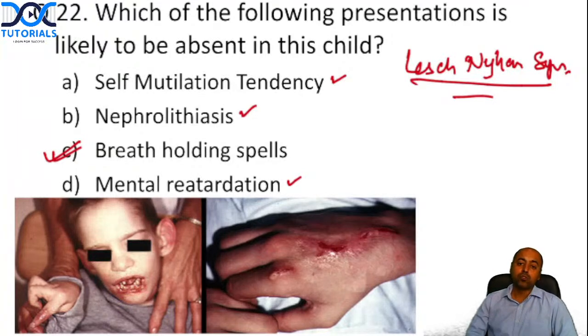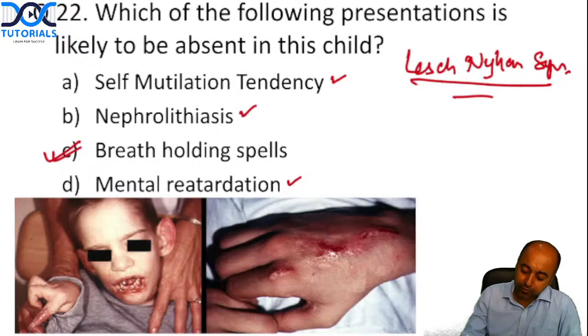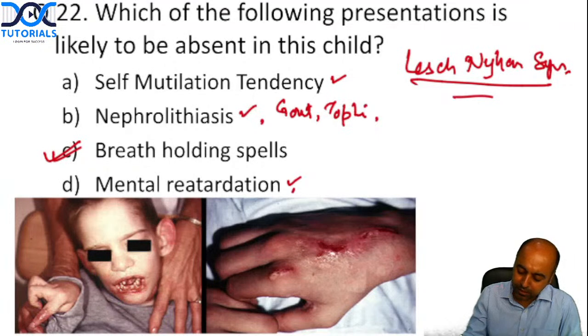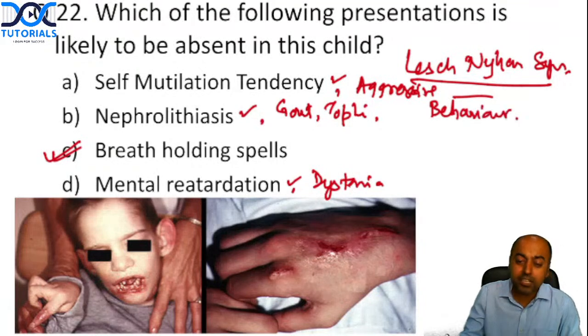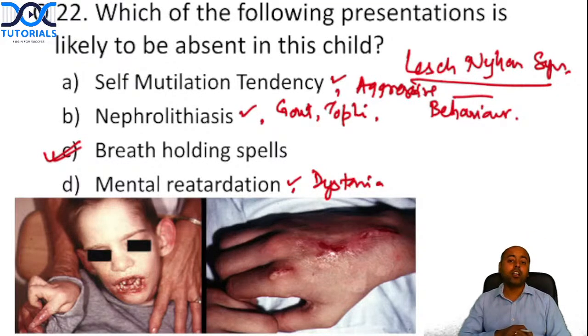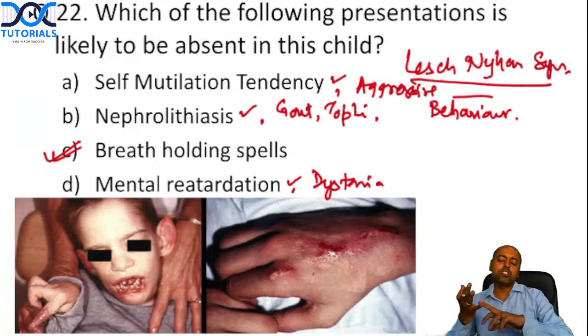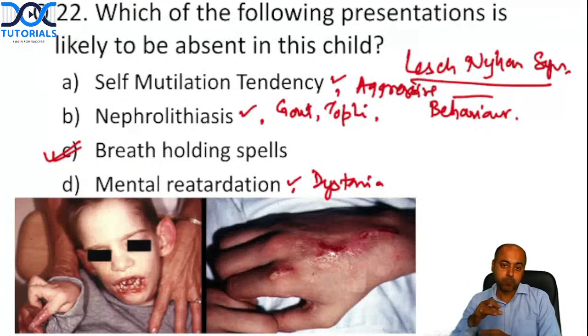In addition to nephrolithiasis, you can have gout, tophi, mental retardation, dystonia, self-mutilation tendency, and very aggressive behavior. These are the characteristic findings in the Lesch-Nyhan syndrome: biochemical, neurological, and neuropsychiatric.